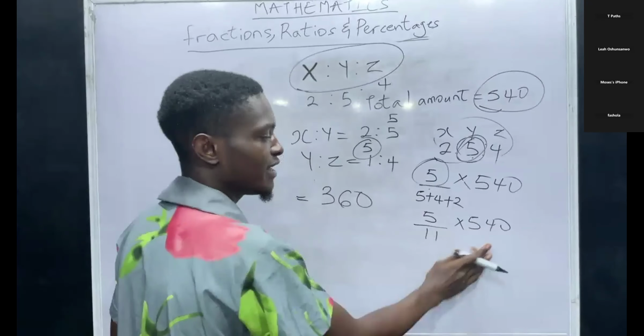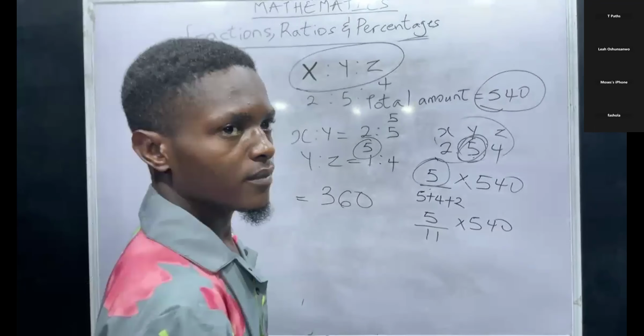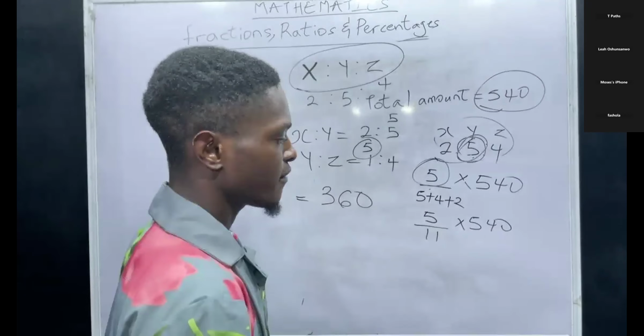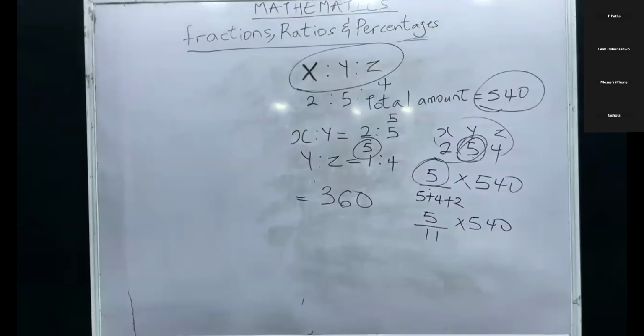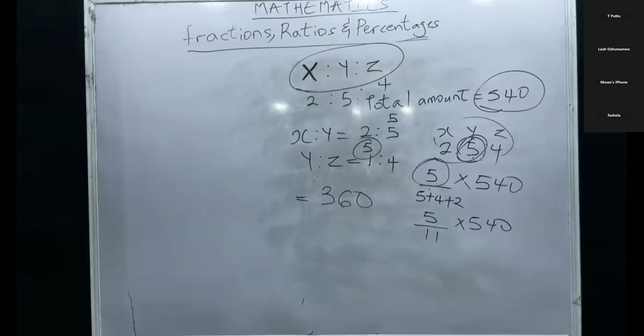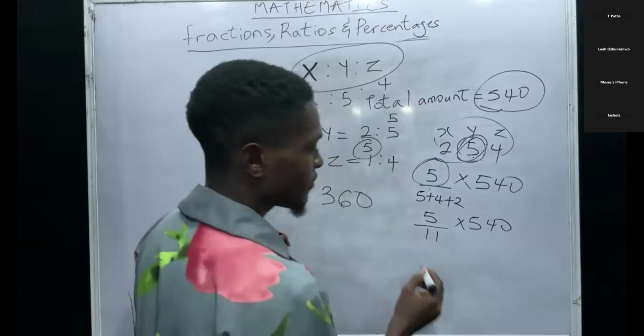So 5 divided by 11 multiplied by 540 is what, guys? 5 over 11 multiplied by 540. Anybody? 245.5.